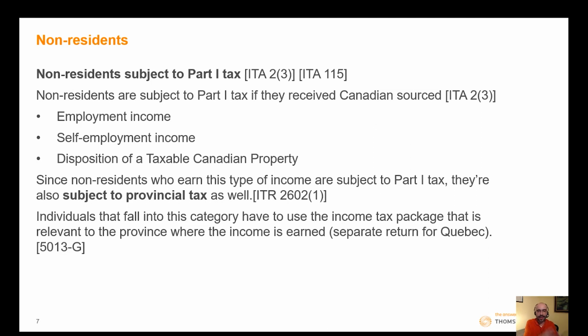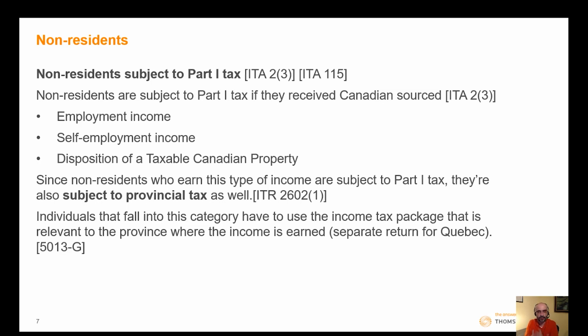Now, just like I mentioned before, Part 1 tax is the same tax that any other resident of Canada would pay. So in this case, because of this, these individuals would be subject to provincial tax as well. Okay, so there would be no surtax for these individuals. They would actually be subject to provincial tax.